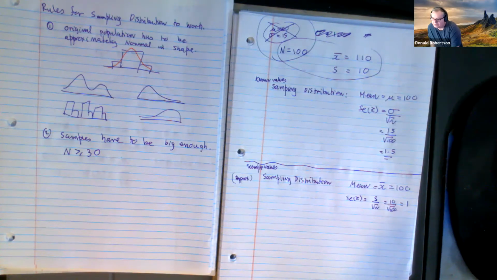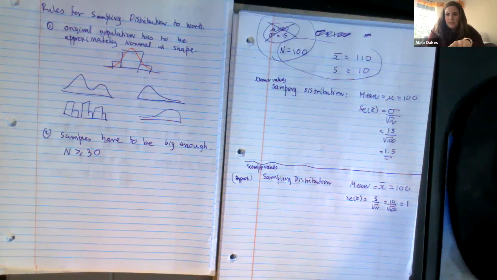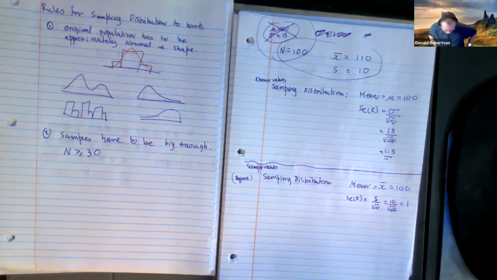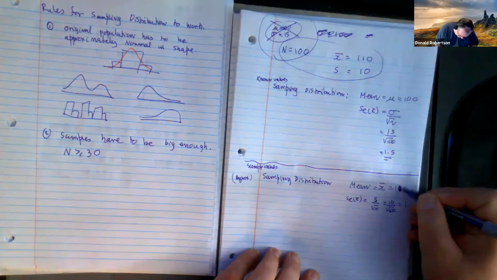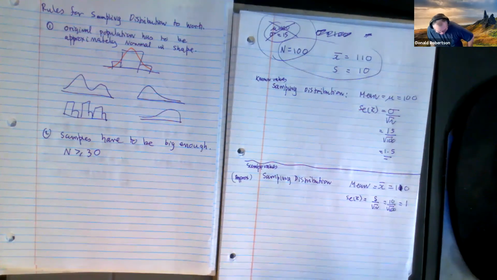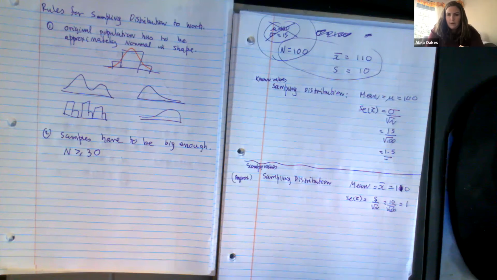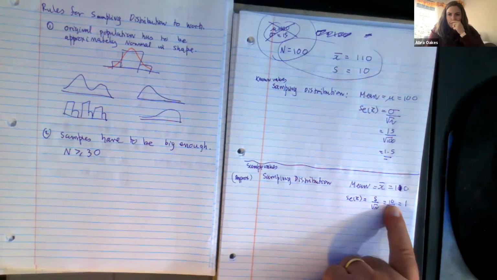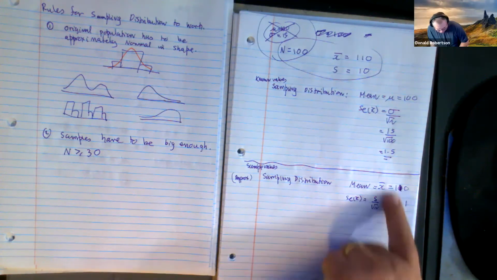We good? Okay, I have a question. Didn't you put that X bar was 100 down at the bottom, but at the top it's 110? You're right, 110. So then wouldn't that bottom part be a different number than 1? Well, no, it's 1.